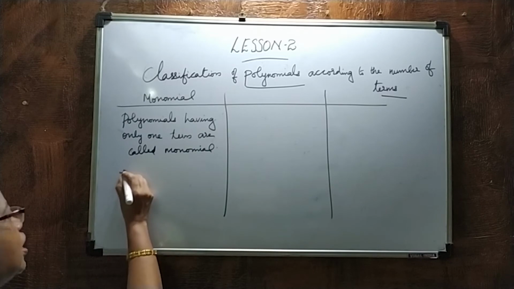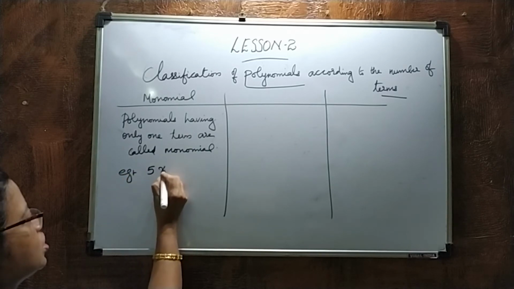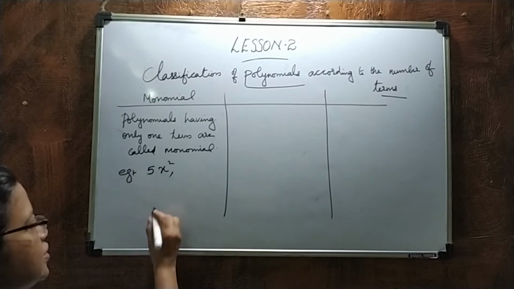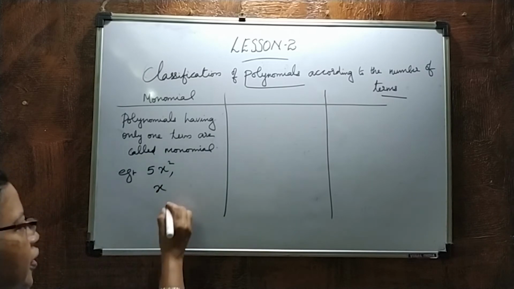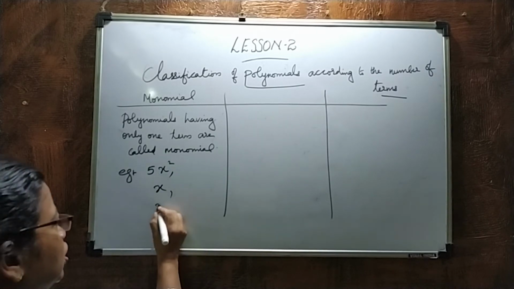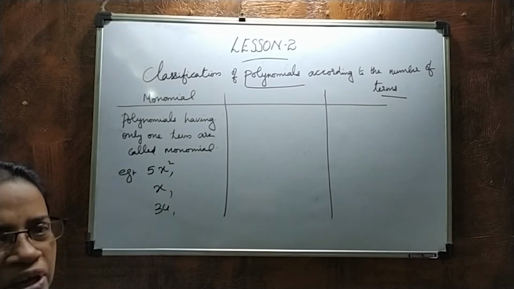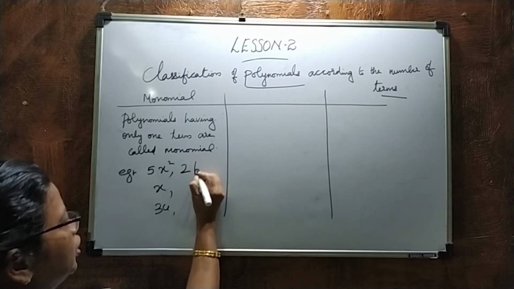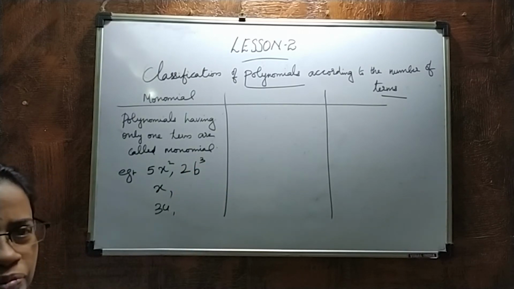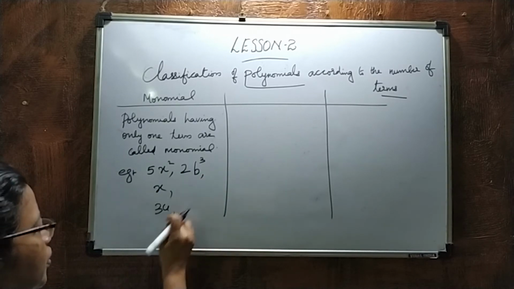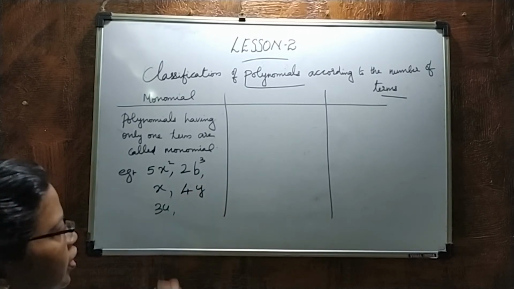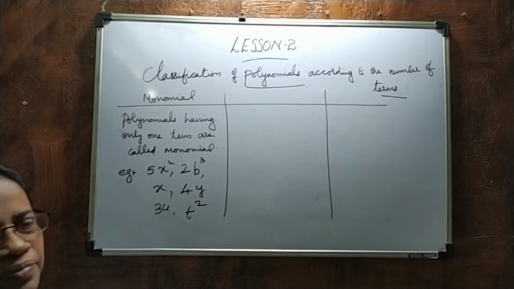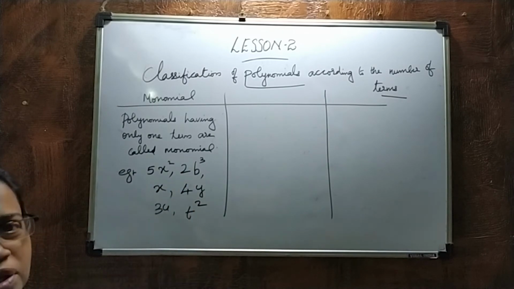So the examples can be written as 5x square, then x, then any other variable also, we can write 3u, then 2b cube, then 4y, then t square, etc. Now look, only one term is there, no plus or minus.